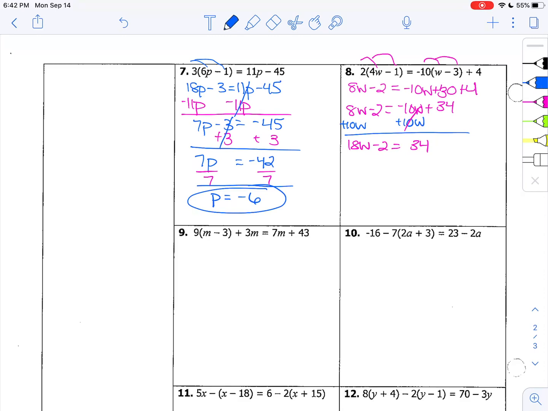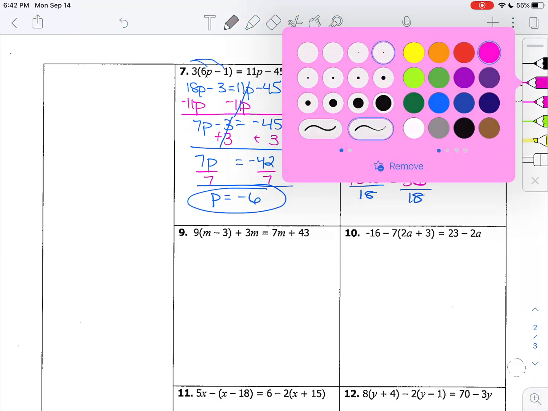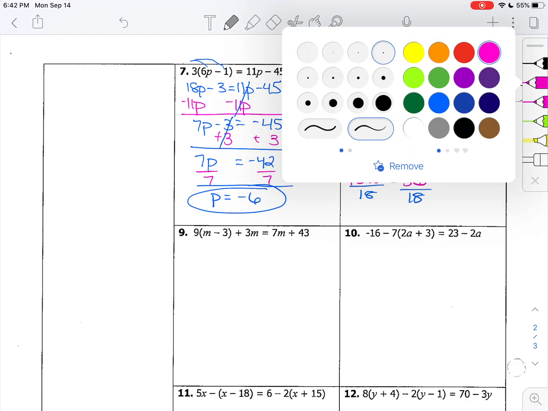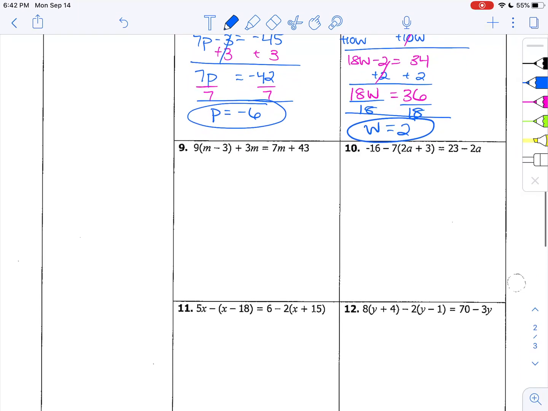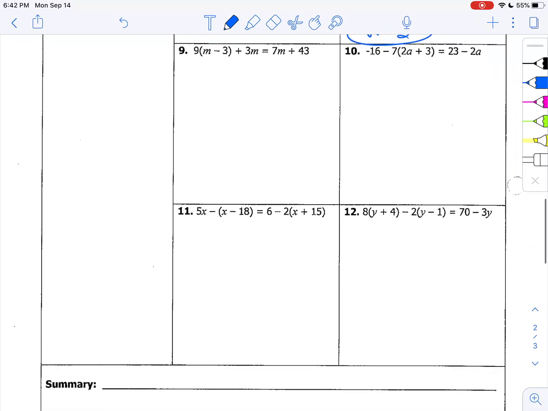Now we have a two-step equation that we can solve by adding 2 to both sides, which gives us 18w equals 36, and then dividing both sides by 18. Which is w equals 36 divided by 18 equals 2. w equals 2 is our final answer.